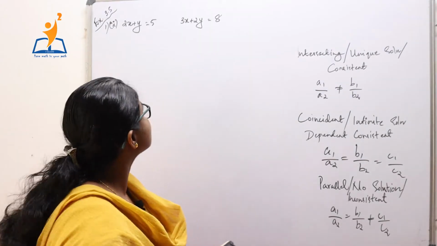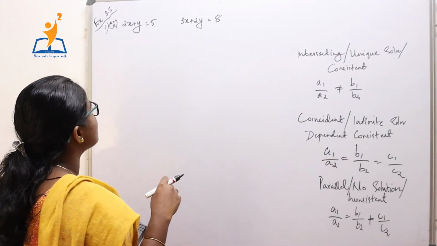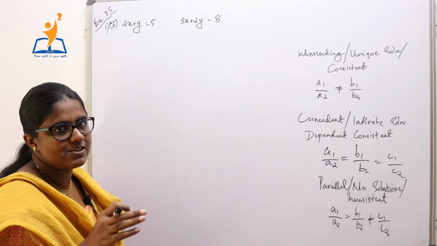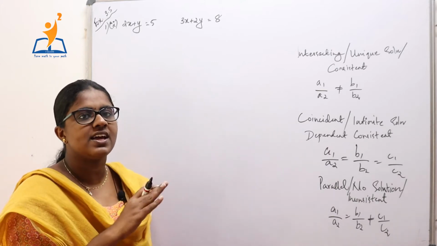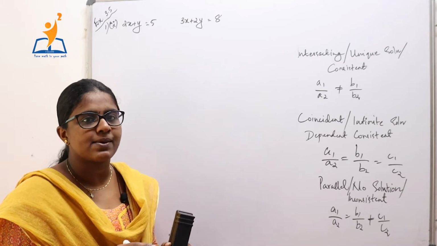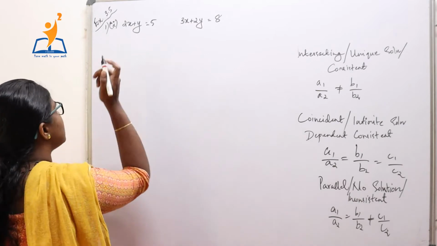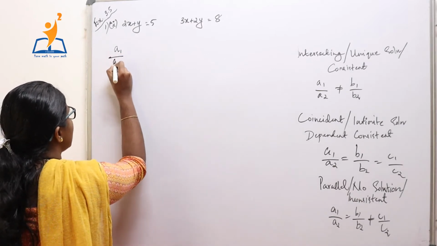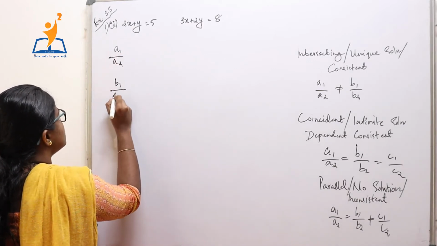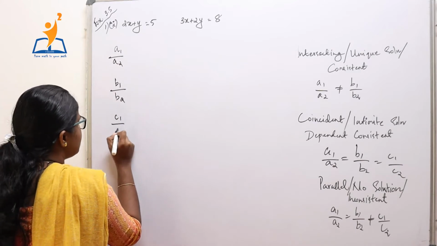Now the second question is 2x plus y equal to 5 and 3x plus 2y equals to 8. First of all, we have to check whether this particular pair of linear equations have a unique solution or not. For that, we will go for the ratios a1 by a2, b1 by b2 and c1 by c2.